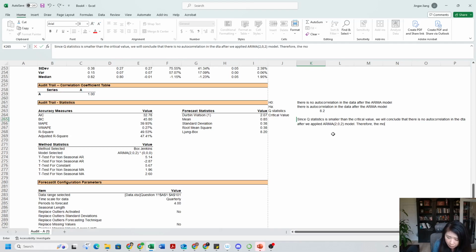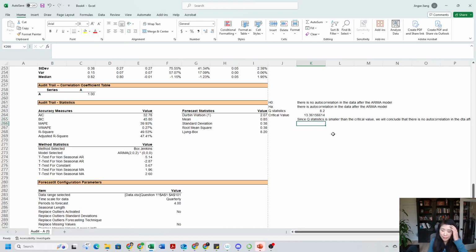Therefore, the model fits the data well. Okay, great, we actually found the model we are looking for. So ARIMA 202 is the model we're going to use to estimate this time series.